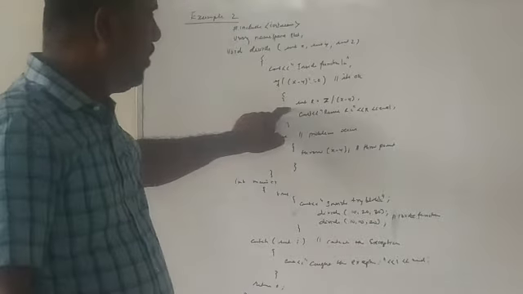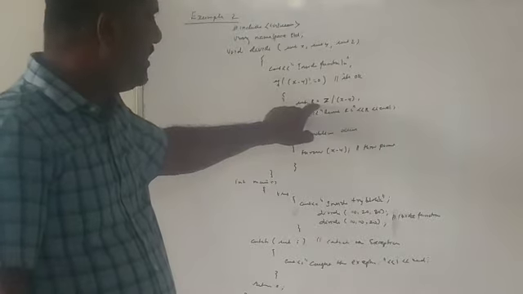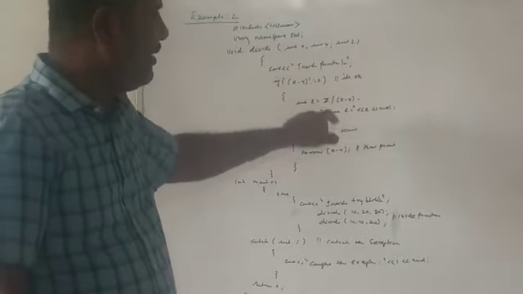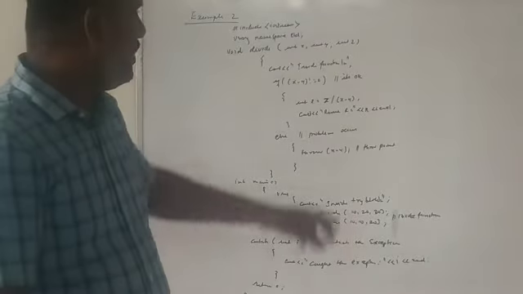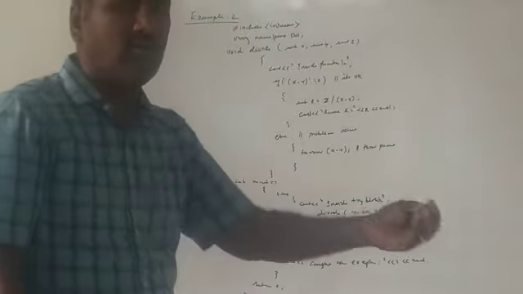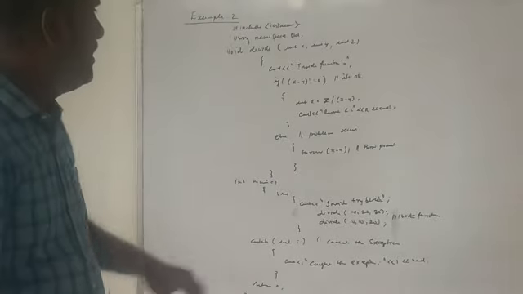Then enter the block: int r is the result. Result equals z divided by x minus y. Finally display the result r.